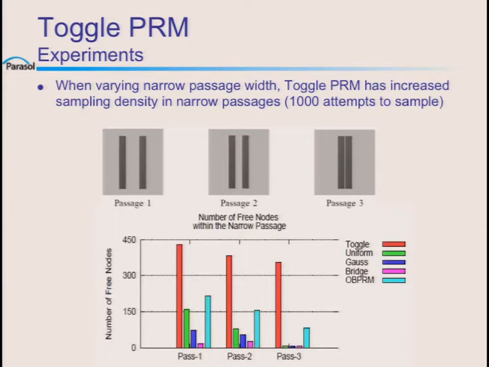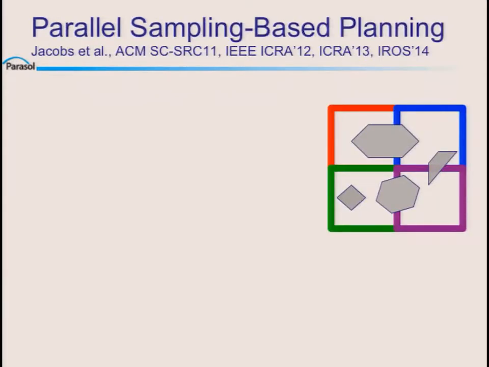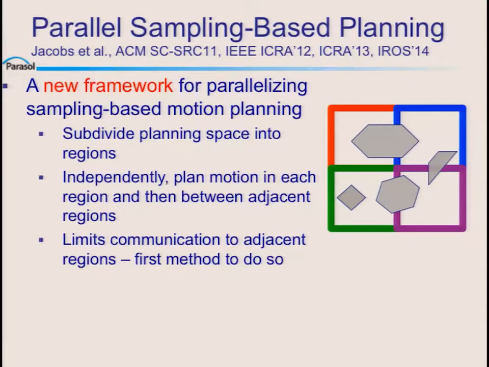For parallel sampling-based planning, the idea is pretty simple. We break up our workspace into different regions, plan independently in each region and build a roadmap in each, and then try to connect them together.